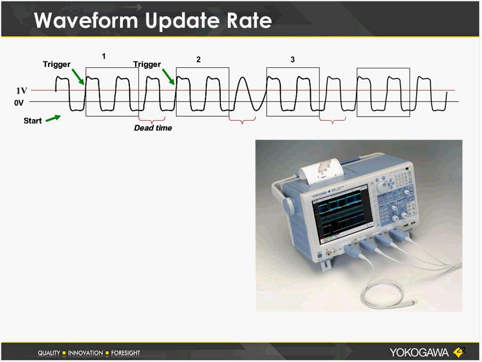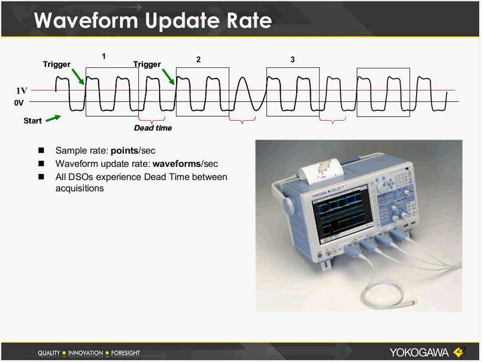And you'll actually see that there was a glitch in this example. There's a sine wave right there in the middle of those more square-looking waves, and we missed it because of the dead time. So the waveform update rate is spec'd in waveforms per second, just like the sample rate is spec'd in points per second.